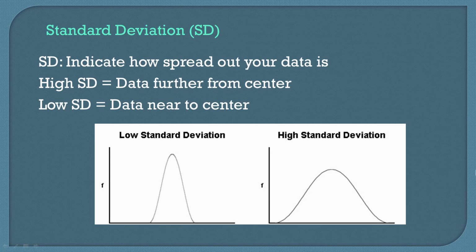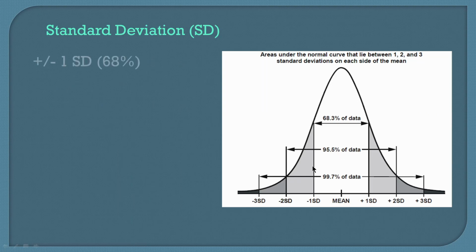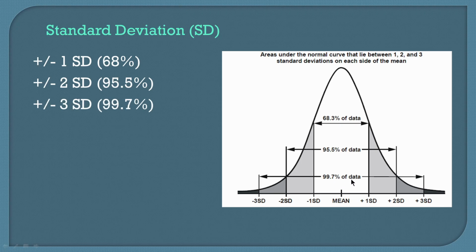In a normal distribution, you will expect to see around 68% of the data within plus or minus 1 standard deviation from the center, 95% of the data within plus or minus 2 standard deviations from the center, and 99.7% of the data within plus or minus 3 standard deviations from the center.